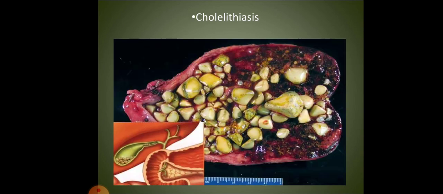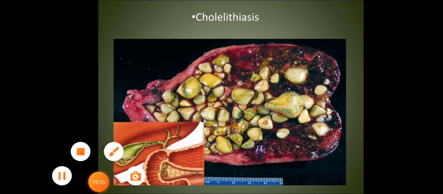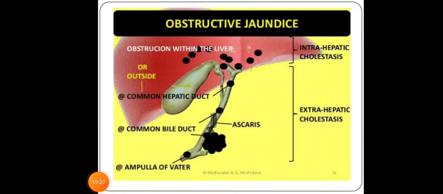So these are the gallstones. This is the obstructive jaundice. When the gallstone obstructs the passage of bile, it causes the jaundice. This is known as obstructive jaundice.